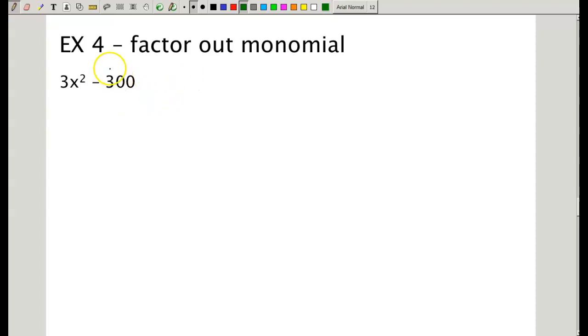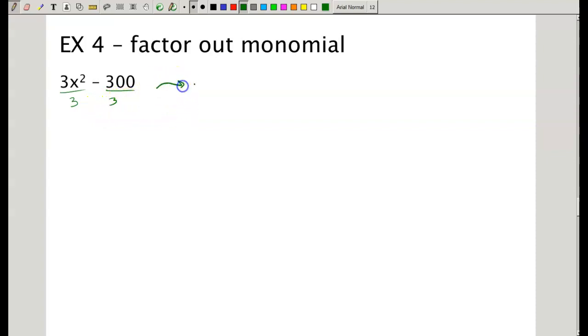So if we were looking at this problem right here, the first thing before you even tried anything is saying, all right, 3x squared and 300, those two terms can be divided by 3, right? Because they both have a common factor of 3. So really what I'm going to do in this first stage is just divide everything by 3, and I'm going to pull that out.